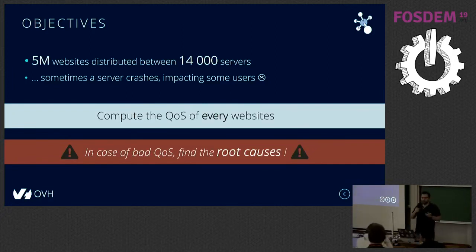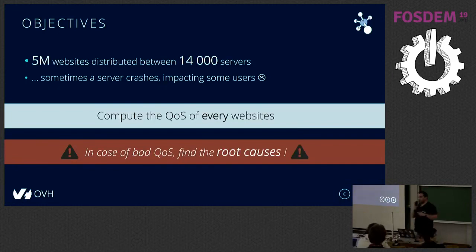So the objective of the project is simple. We need to compute the QoS, the quality of service, of every website, all 5 million websites. The QoS is a simple percentage: if it is 100%, everything is okay; if not, it's not enough.